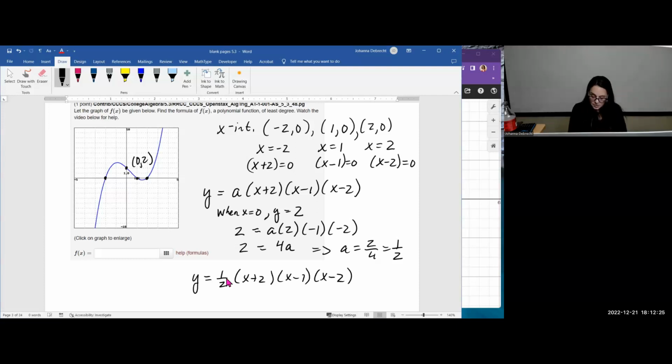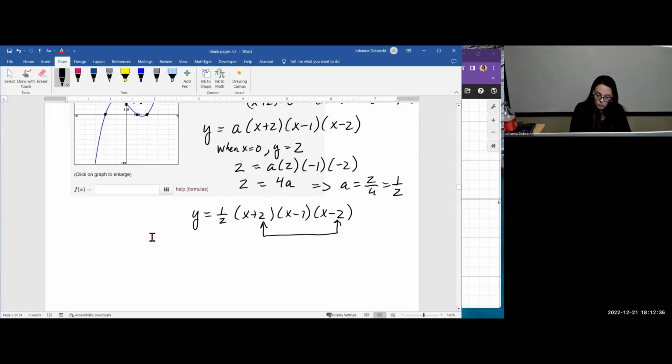But I'm going to multiply these two together first because they're a conjugate pair, x plus 2 and x minus 2. That's going to give me x squared minus 4, the difference of two squares. So this becomes 1/2 times x squared minus 4 times x minus 1.